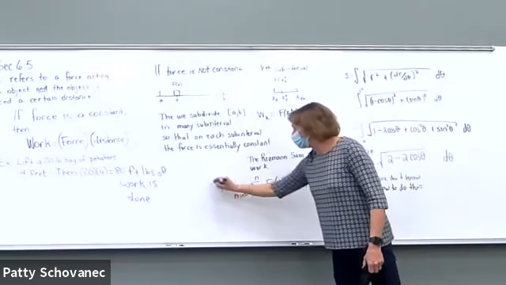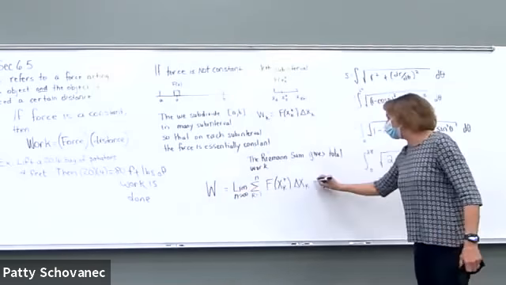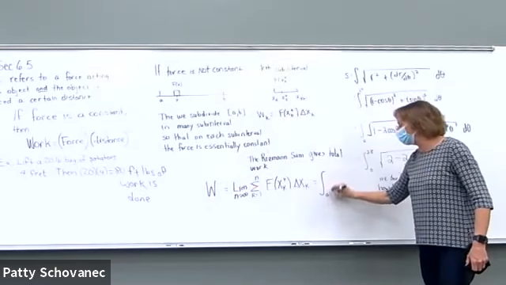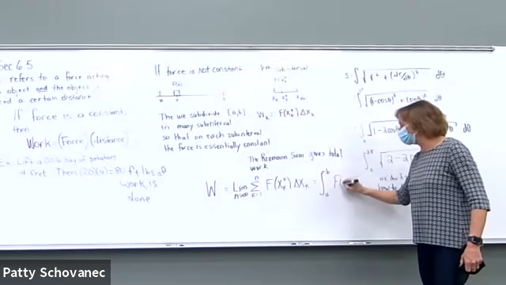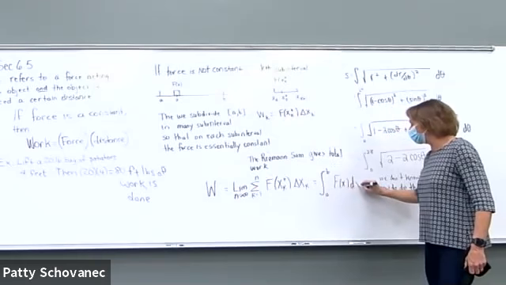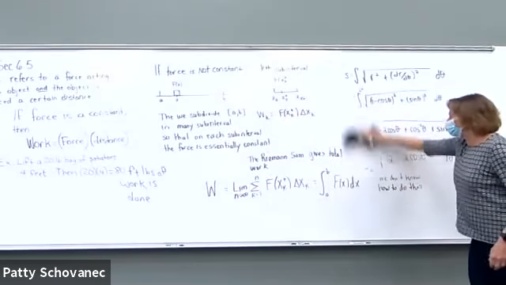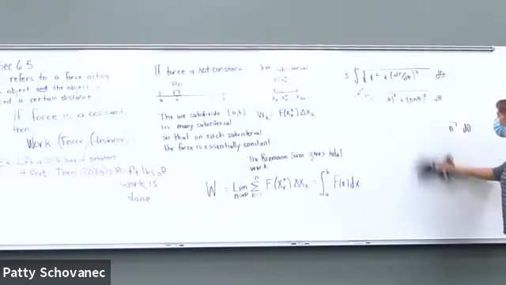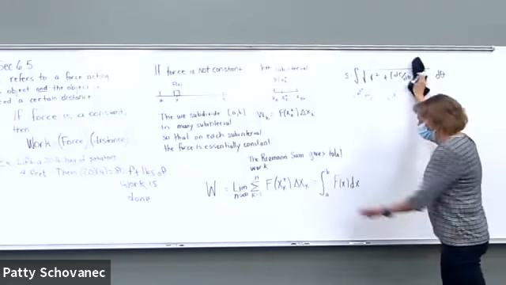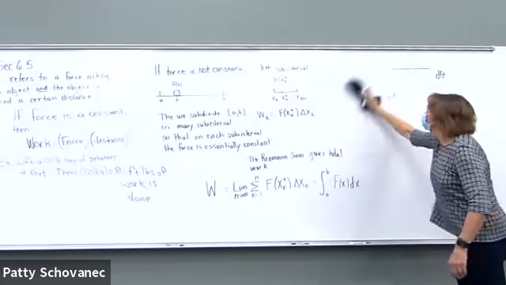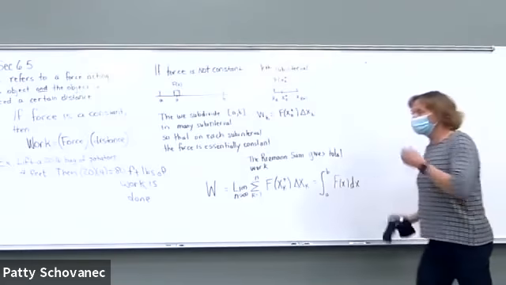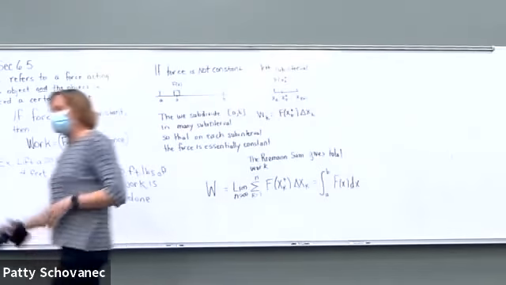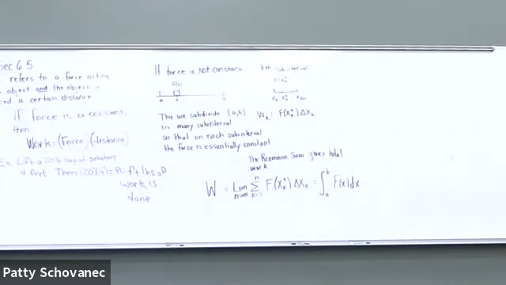And this work becomes a definite integral from a to b with F of x here and dx there. In most of this section, we're going to spend our time figuring out what the integrand is. Sometimes it'll be given to us, but most of the time we're going to figure out what it is.